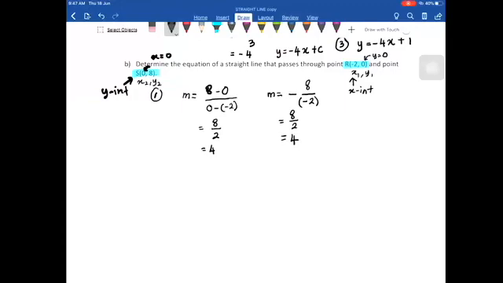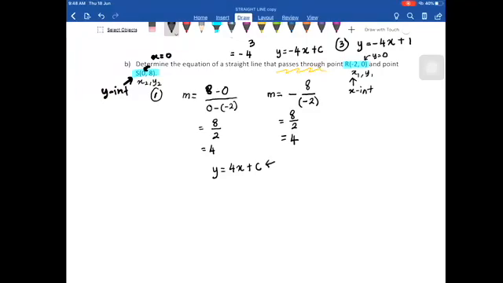Sama je. So my equation will be y equals to 4x plus c. So in the question it says passes through. So I can use either points, tetapi tak perlu substitute kerana C is actually my y-intercept.